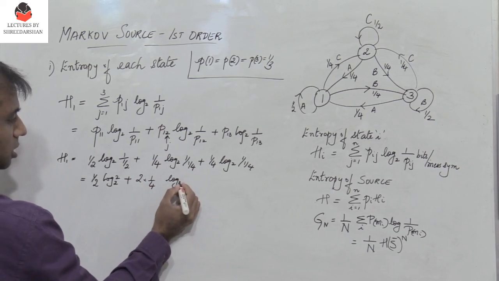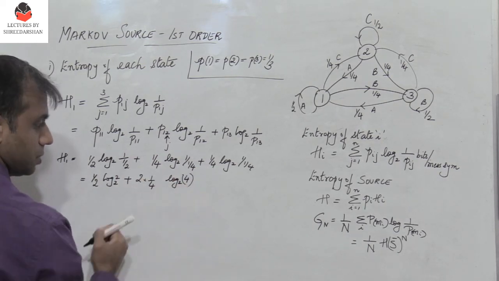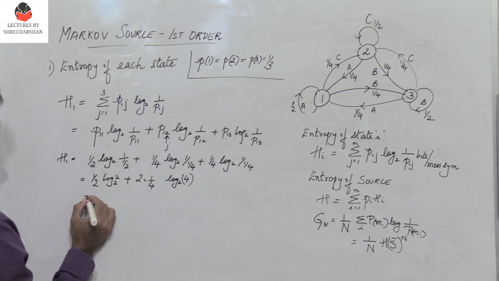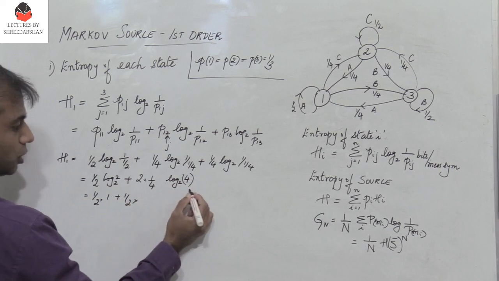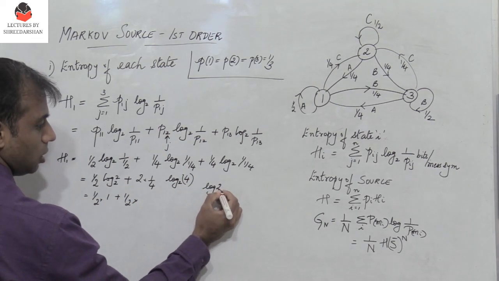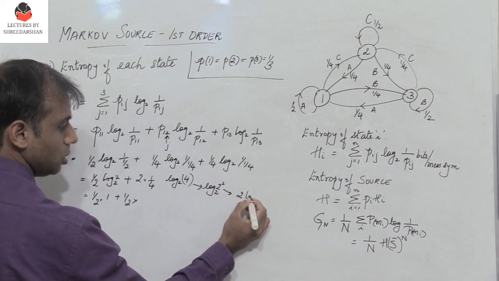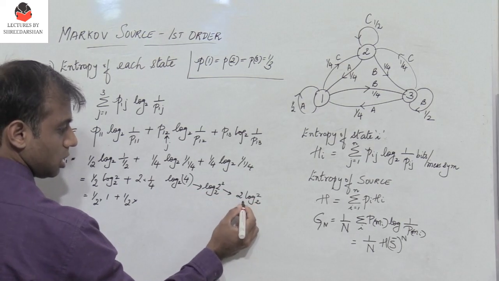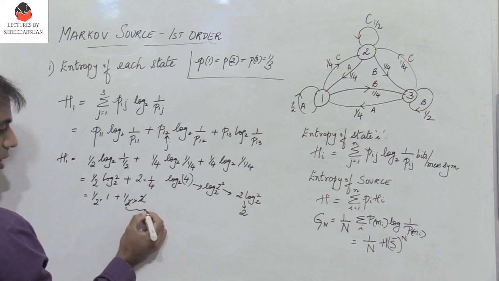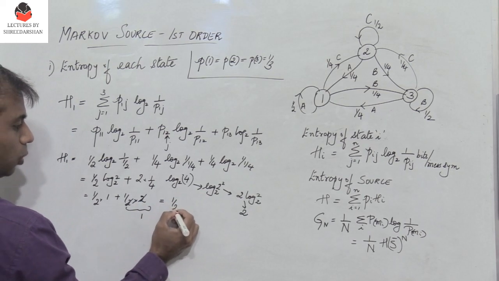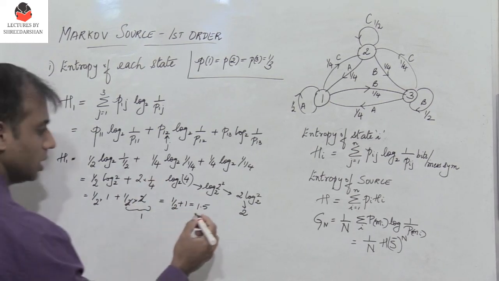So this can be written as log 4 to base 2. Alright, so this is 1 by 2 into 1 plus 1 by 2 into log 2 squared to base 2. And this is nothing but 2 log 2 to base 2, which is equal to 2. So I have 1 by 2 into 2, so this is 1. So I have 1 by 2 plus 1, which is 1.5 bits per message symbol.